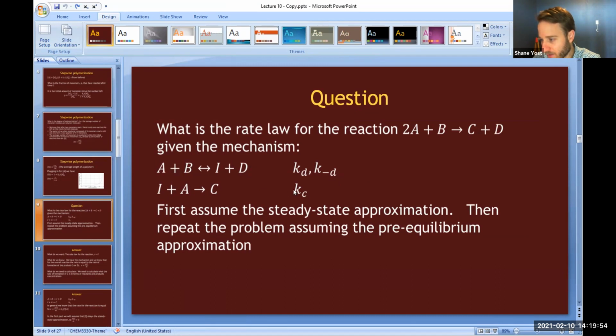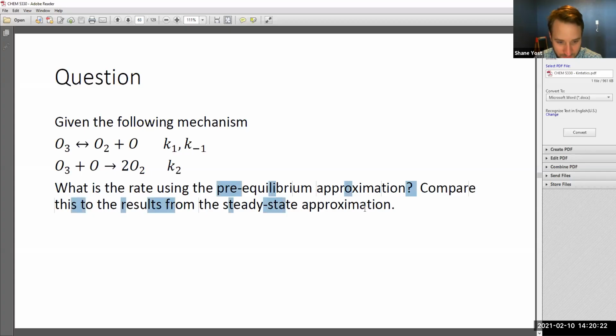So what that's saying is that the second step is extremely slow and the first step is very fast, which is what the pre-equilibrium approximation says. You've established equilibrium given that set of rates, so you have a slow step and a fast equilibrium. So you can get the pre-equilibrium from the steady state as well.